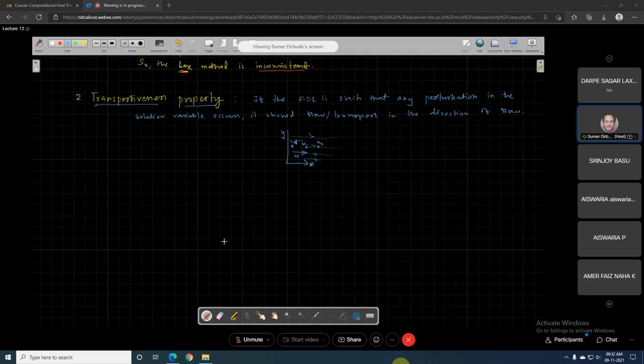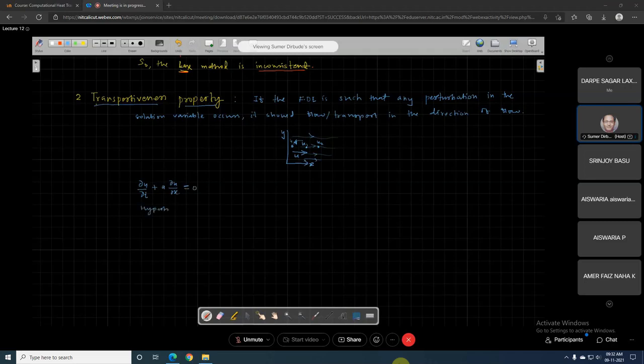Okay, so I'll give you one example. Let us look at a hyperbolic equation, del u del t plus a del u del x is equal to 0. Now you know that this is a hyperbolic equation.